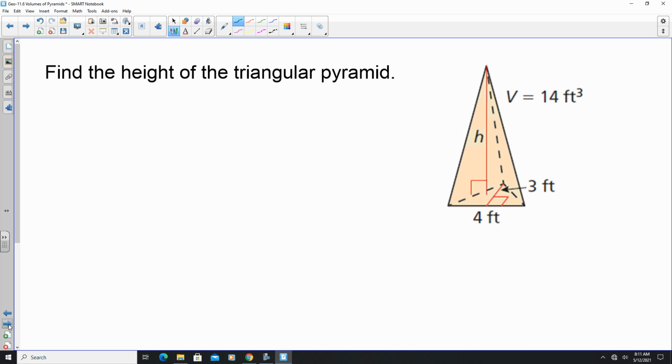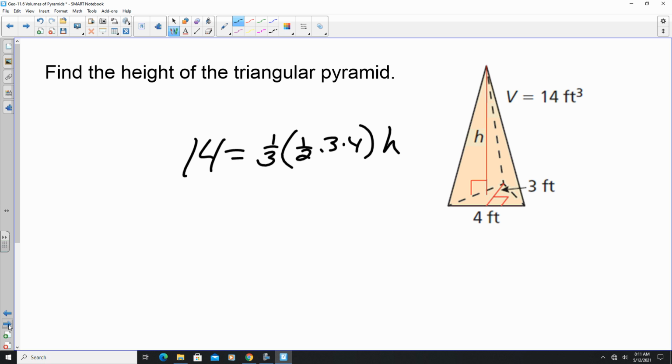Here they want you to find the height of a triangular pyramid. So in this particular one, they told you that the height of the base is 3. The base of the triangle is 4. So we can say, all right, volume is 14. That equals 1/3 times 1/2 times 3 times 4.